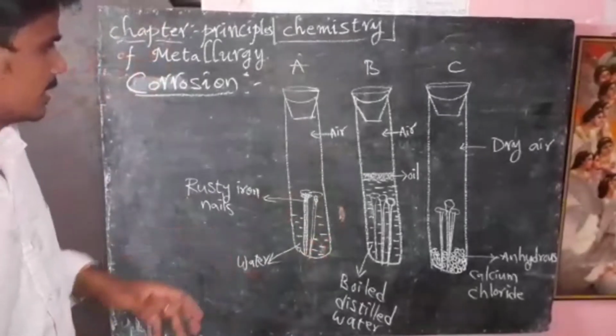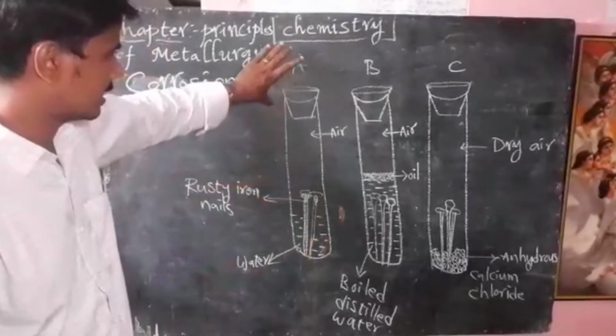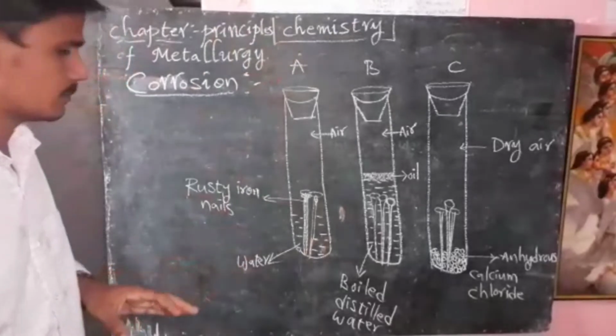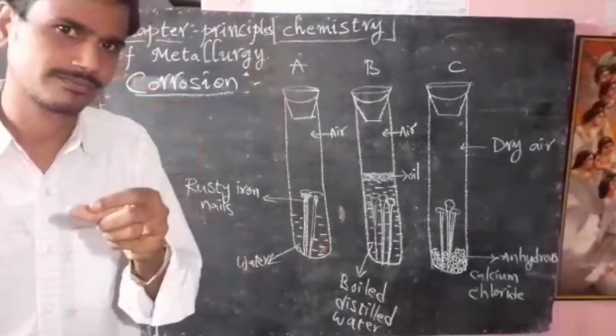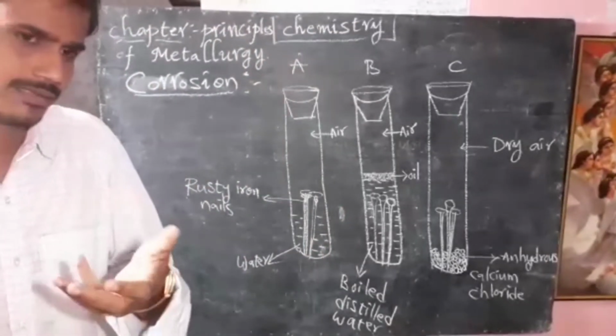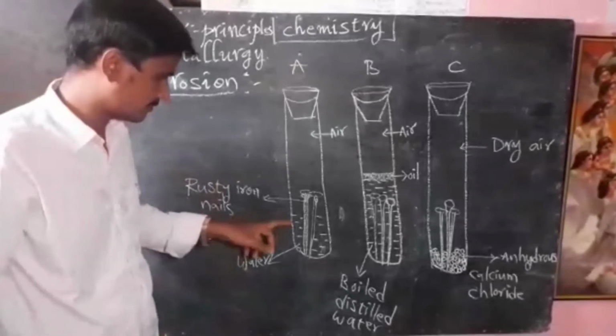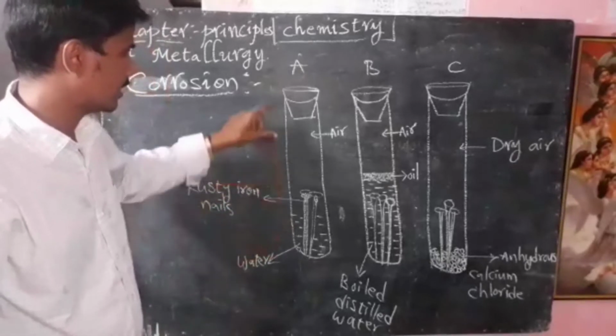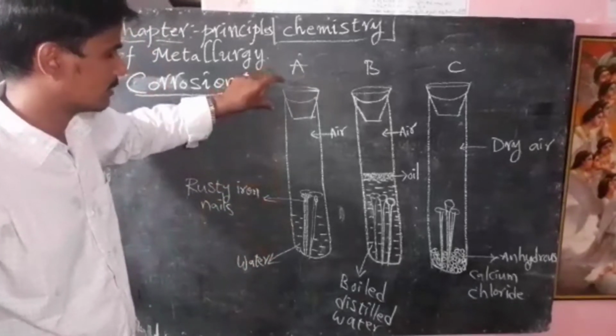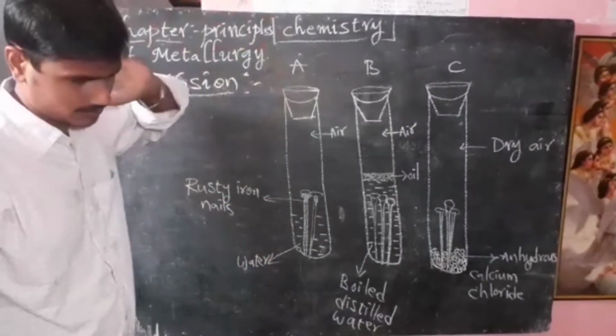After that, in the first test tube, test tube A, we have to take some amount of normal tap water, and we have to cover the mouth of the test tube with a rubber cork.